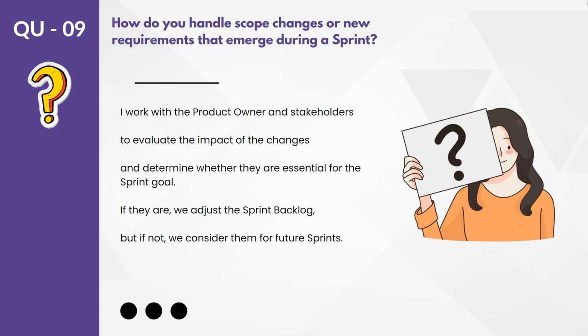So it's a tricky question. It completely depends on what call the product owner is going to take, and these things have to be followed very transparently, and everyone in the team should be aware of it when scope changes come your way.